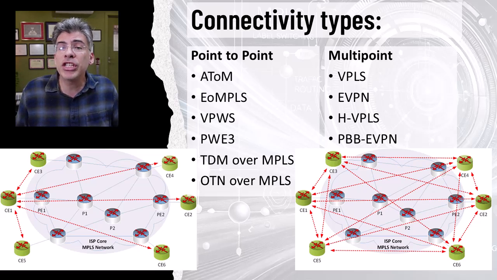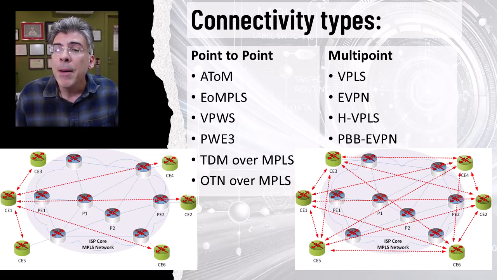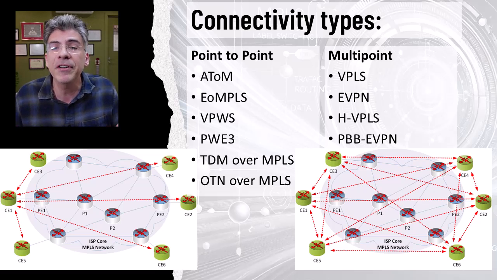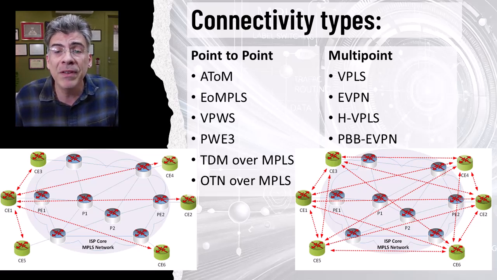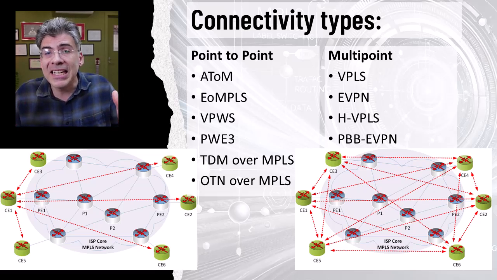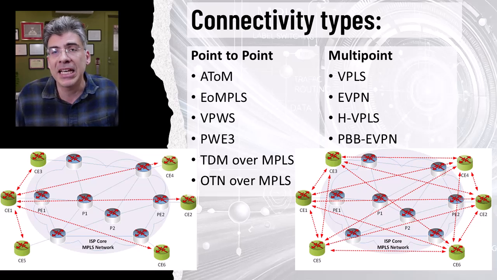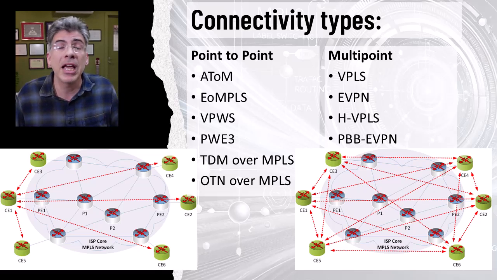Now, these technologies don't only deliver connectivity, but also provide isolation of the traffic that belongs to different customers, ensuring L2 VPNs are deployed successfully within an MPLS infrastructure. Now, all of these technologies show how diverse and flexible MPLS is. It can carry any of these, and it can work with all these different types of protocols.